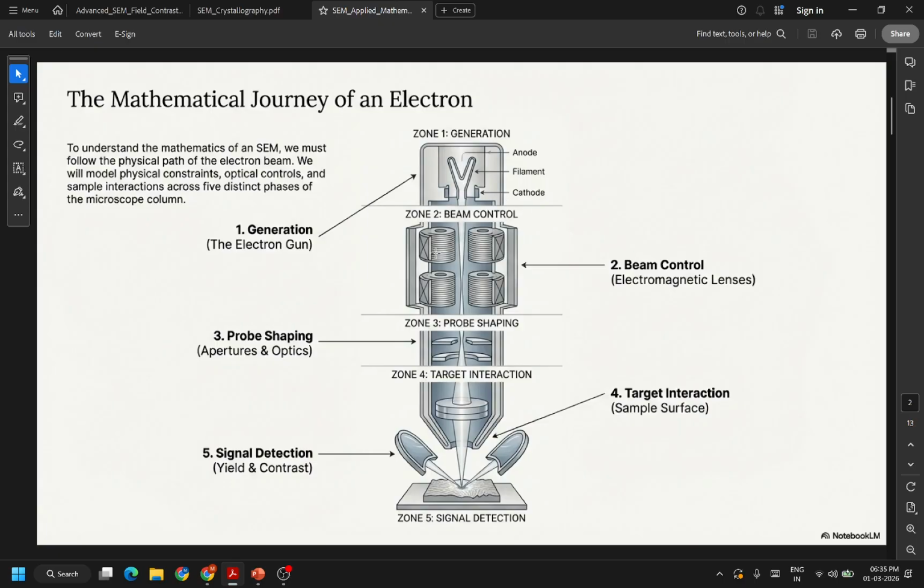Then they are controlled by electromagnetic lenses. Then there are optics to give the shape to the beam, and then there's interaction with the target, and then there's detection by detectors.